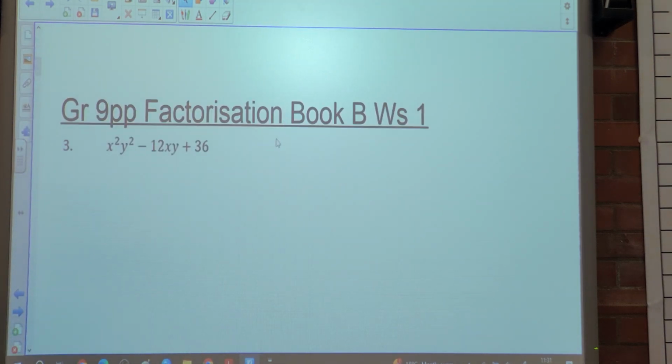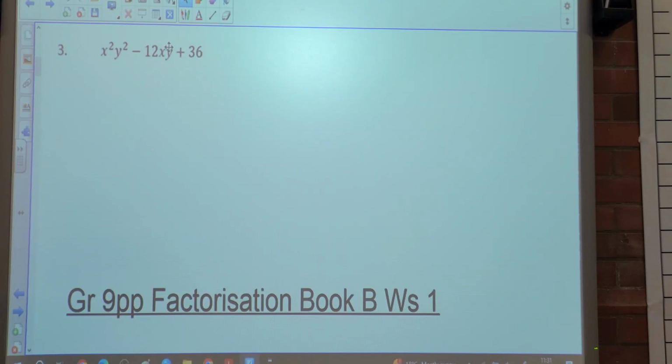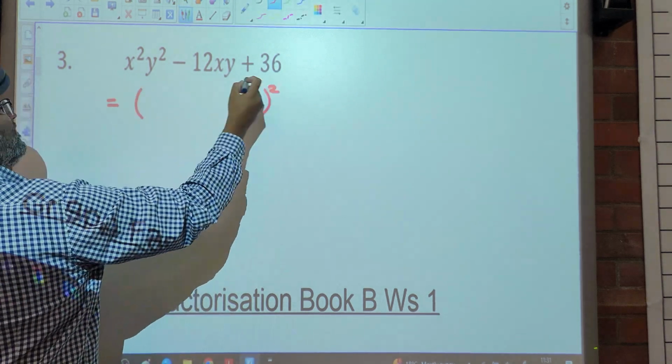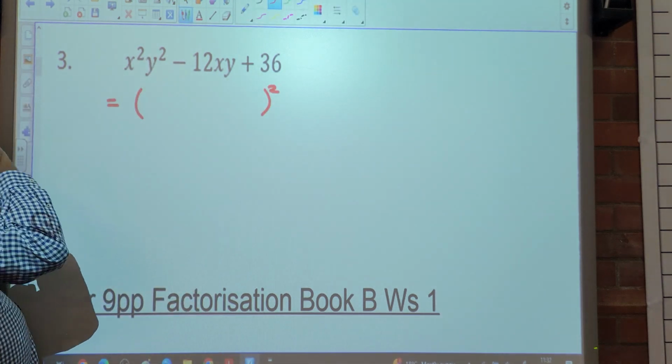Let's go with the next one. We got x squared y squared minus 12xy plus 36. Are there 3 terms? Yes. Are the first term and the last term perfect squares? Yes. So what is the square root of x squared y squared? xy.